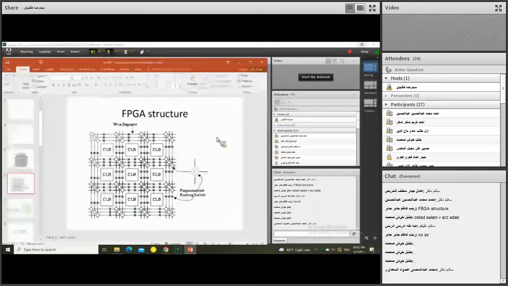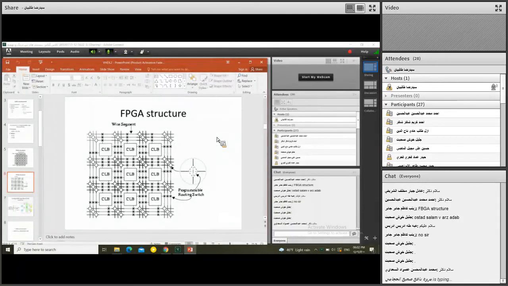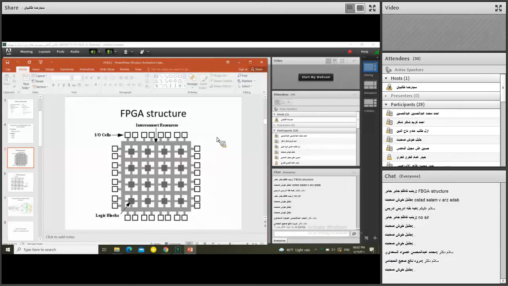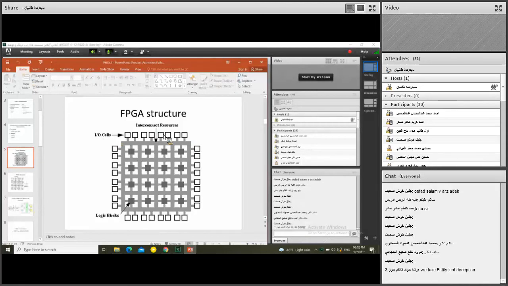Okay, we start speaking about the FPGA structure, and the FPGA structure is divided into three main parts. The first part is the I/O cells. The second part is interconnection resources, and the third part is logic blocks, or we call them configurable logic blocks.